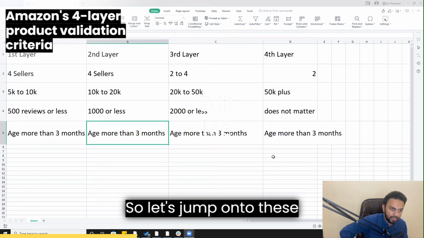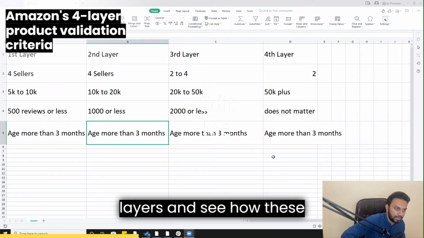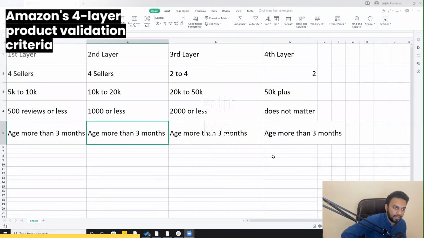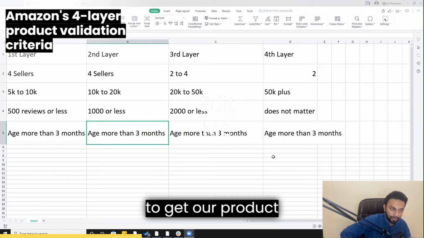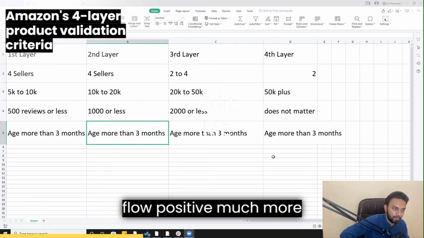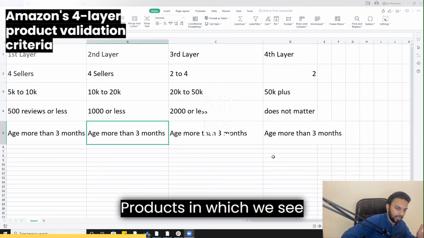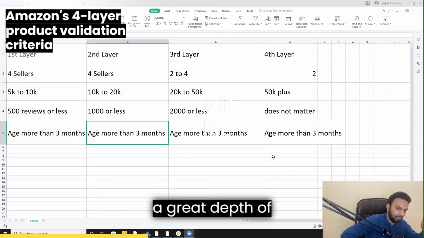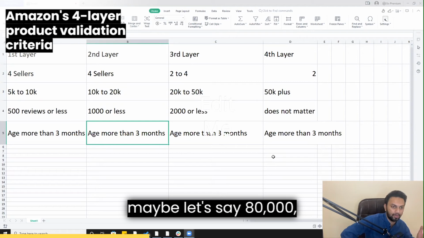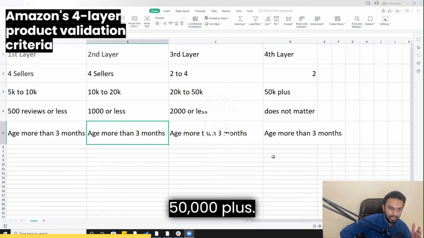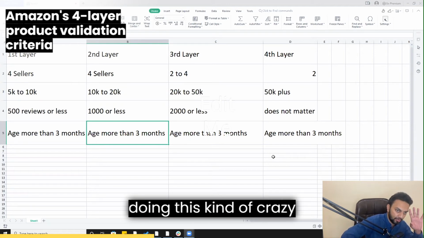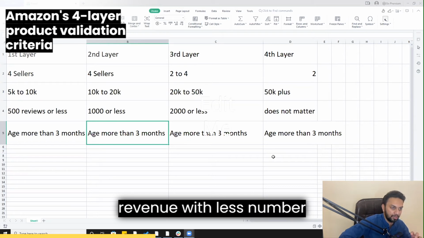So let's jump into these layers and see how they can help, compared to products where we see a great depth of revenue, maybe 80,000, 100,000, 50,000 plus, but we do not find anyone doing this kind of revenue with fewer reviews.